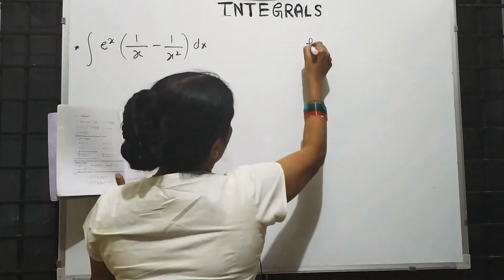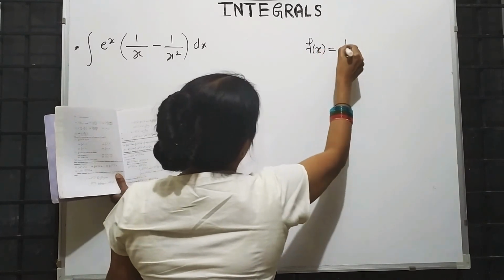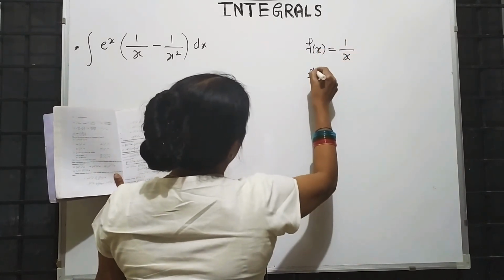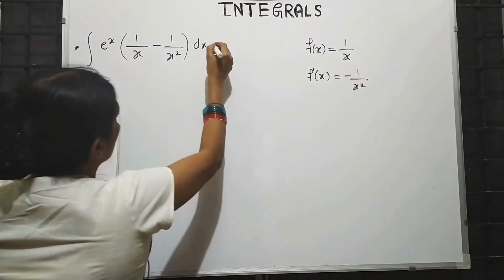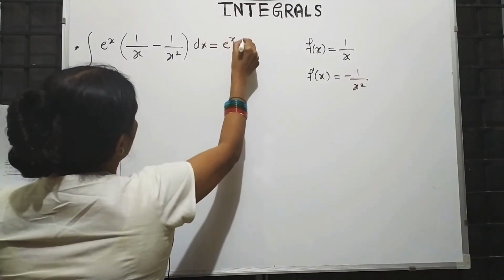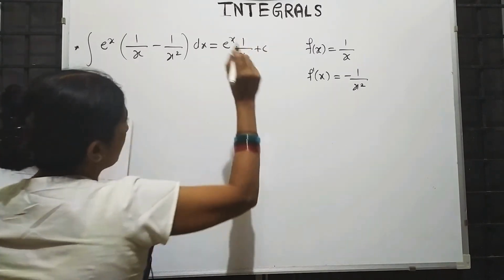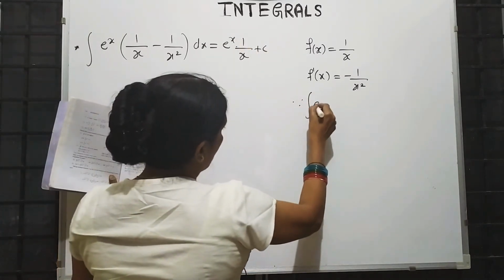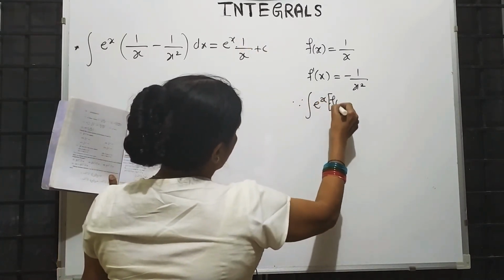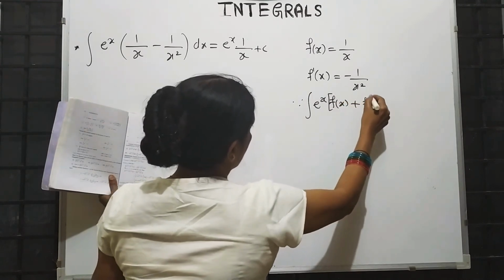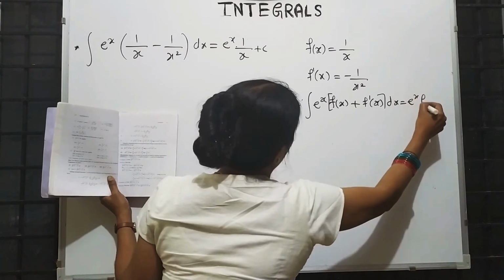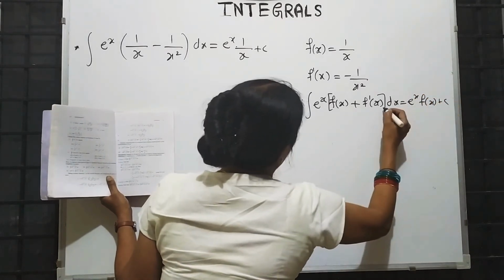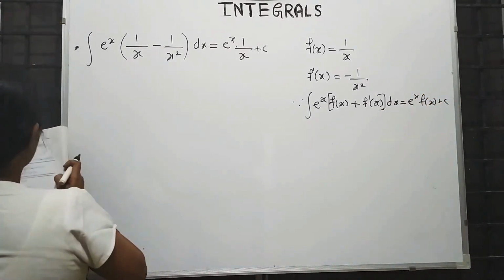Here what is f of x? f of x is 1 by x. f dash of x is minus 1 by x square. So the answer is e raised to x into 1 by x plus c, and write down the formula here, because e raised to x in the bracket f of x plus f dash of x is equal to e raised to x into f of x. If you write the formula, it's enough. No need to write all the explanation.